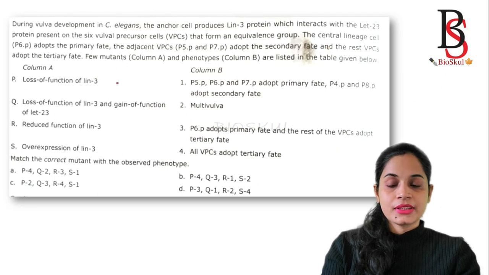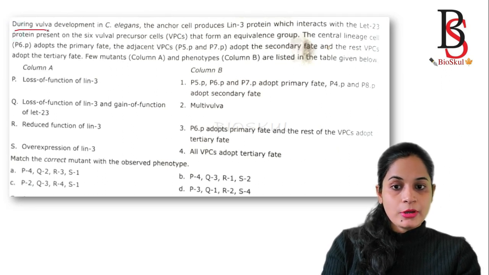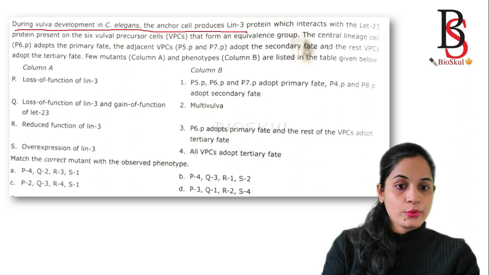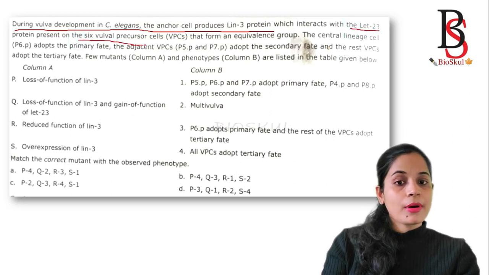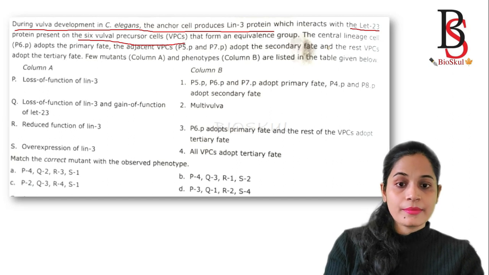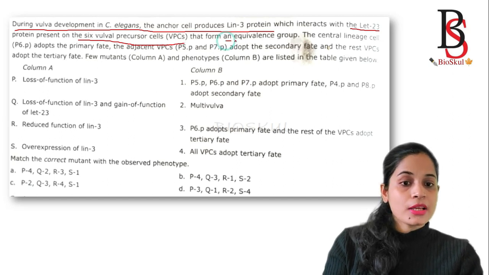Okay. Another question. During vulva development in C. elegans, the anchor cell produces lin-3 protein, which interacts with the lin-23 protein present on the vulval precursor cells we have discussed. That forms the equivalence group.